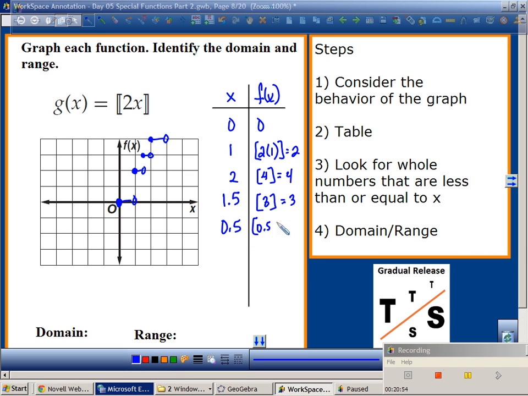What's 0.5 times 2? Yeah, 0.5 times 2 is 1. So if I put in 0.5, I get 1. You see how these are shorter steps?